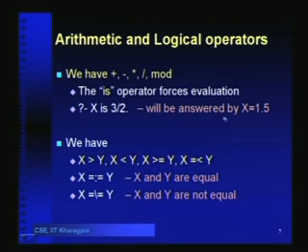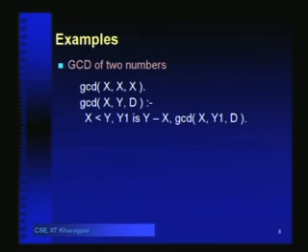We also have the following logical operators: greater than, less than, greater than equal to, less than equal to. Then we have equal and not equal, right. We will see some examples with these.